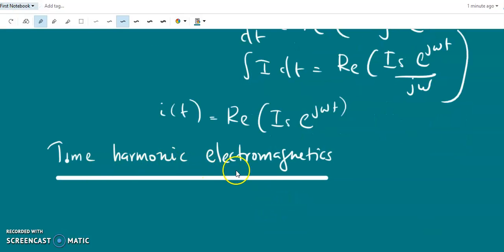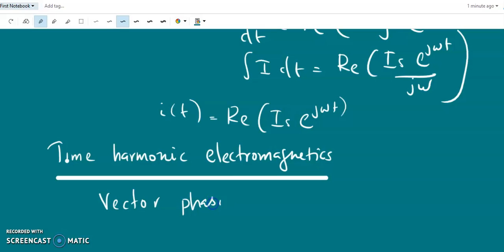Time harmonic electromagnetics means the electromagnetic case where the source functions are sinusoidal functions. Therefore the field vectors are also sinusoidal functions of time. The field is a vector, and therefore we use the term vector phasor there.